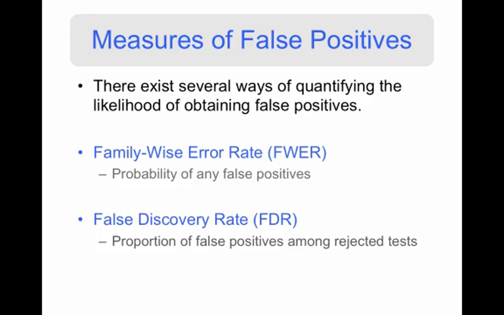If instead we want to control the proportion of false positives among all rejected tests, then we're controlling something called the false discovery rate. Depending on whether we control the family-wise error rate or the false discovery rate, this allows us to choose the threshold in a principled manner and allows us to control the number of false positives in a variety of ways.